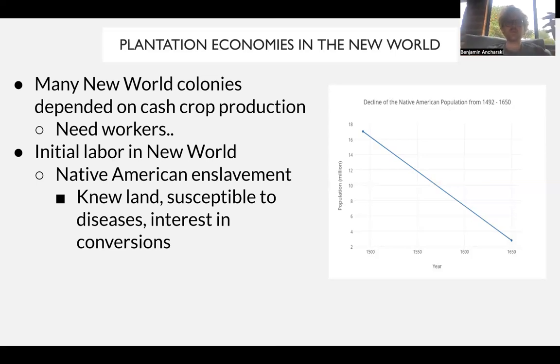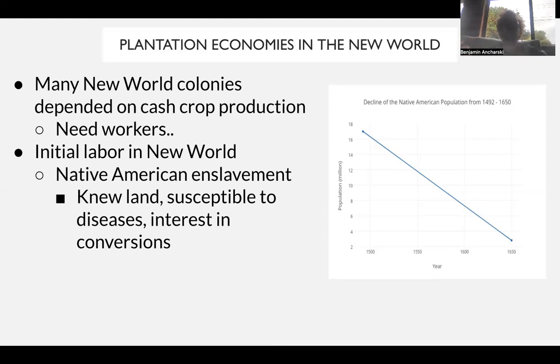They know the land. They know the place that they are in. They can oftentimes, if they're able to escape, run away and blend into a nearby tribal group, into a nearby Native American settlement.